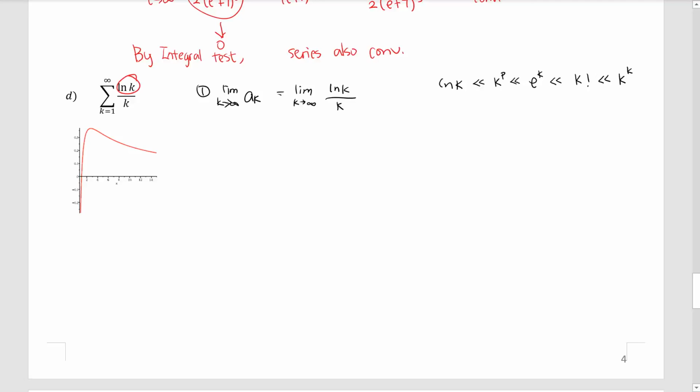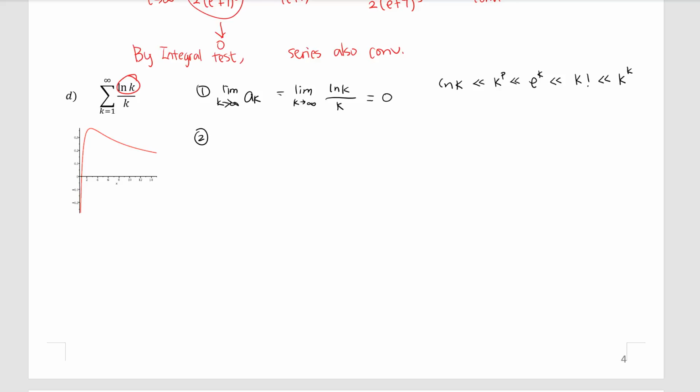So here, if the denominator grows faster, what do you get? The denominator gets bigger, bigger, bigger, and then this guy is 0. If the numerator goes faster, the quotient is going to be infinity. But if the denominator grows faster, the quotient is going to be 0. It has the limit 0. Okay, 0 means I need to go to the second step, right?